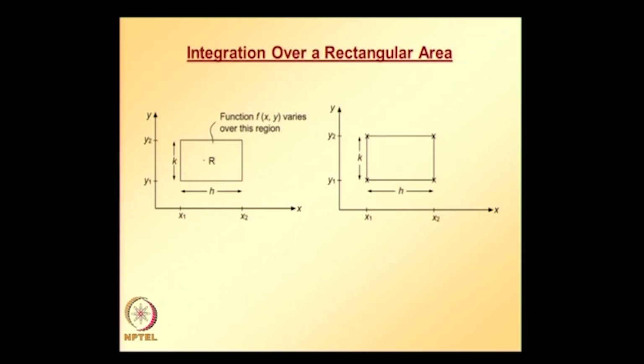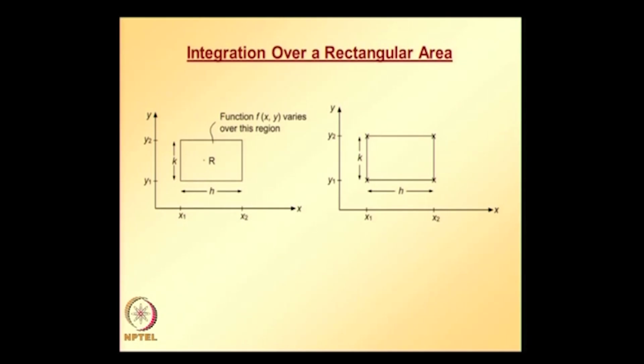The integration points are located at the corners of this rectangular area, and the distance between these integration points along the x direction is h, and along the y direction is k.